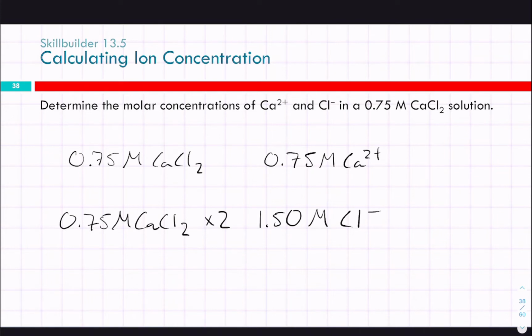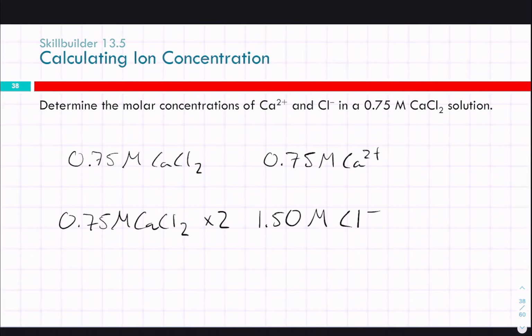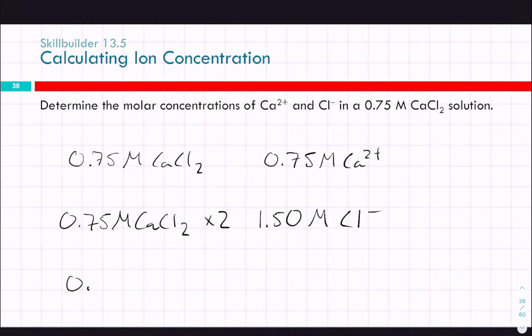So for any concentration of an ionic compound, you can figure out the approximate concentration of its constituent ions. Let me just do one more example here. Let's make it easy, 0.5 molar aluminum chloride.